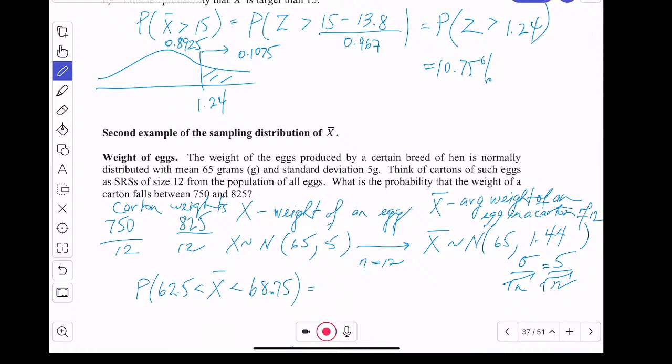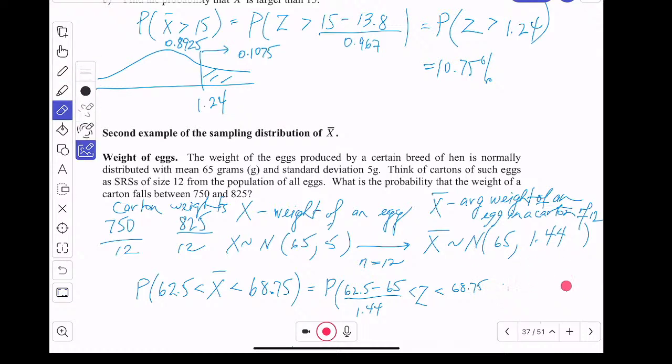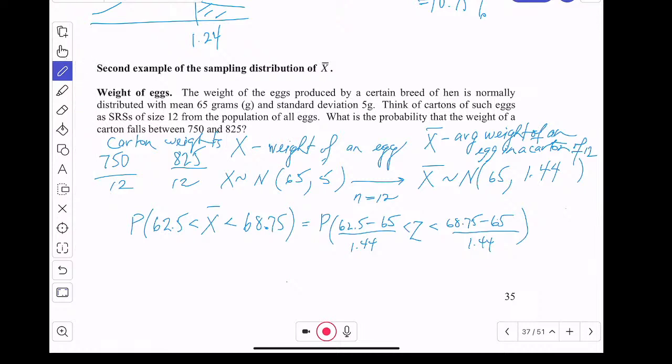So now we standardize. So this is negative 1.74 and this is 2.60.